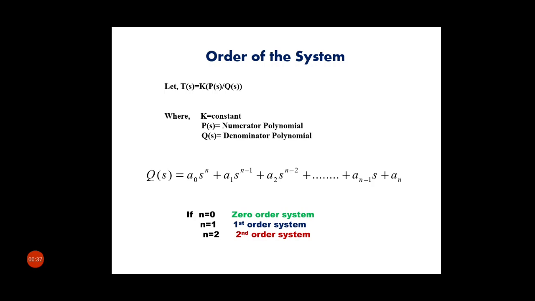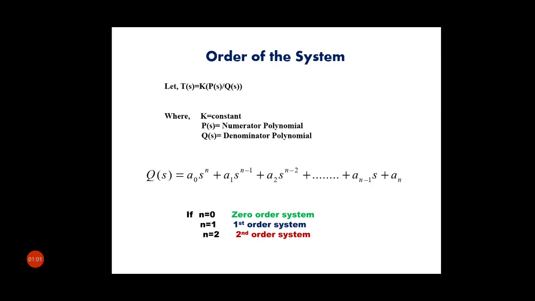Order of the system is basically related to the power of s. We have our transfer function in the s domain, so in that s domain, the power of s in the denominator will show the order of the system.